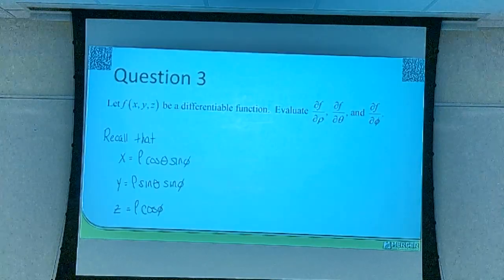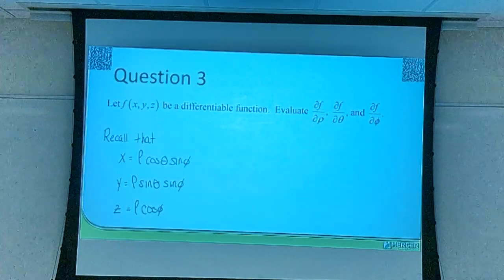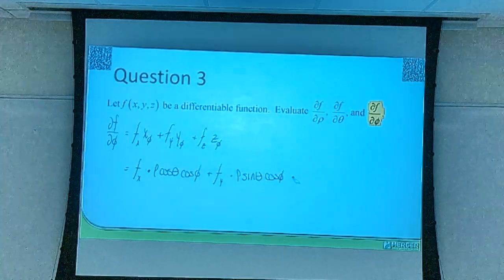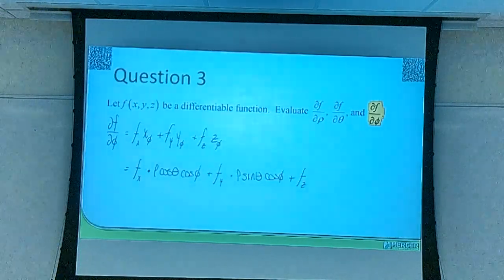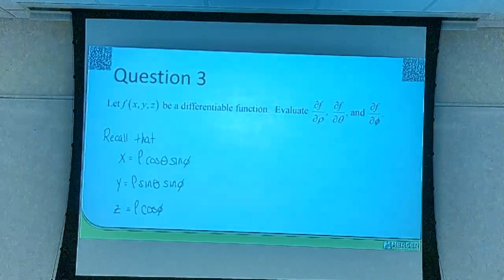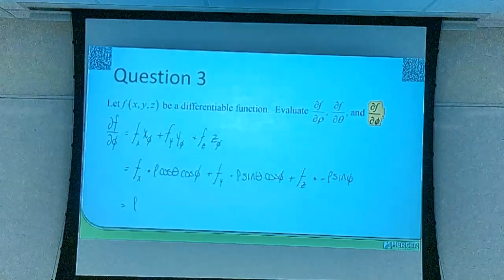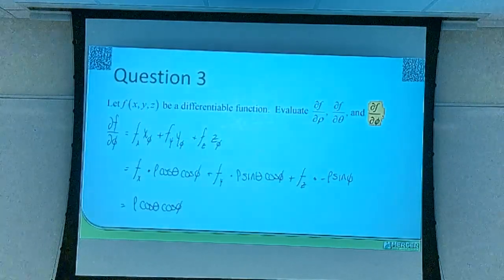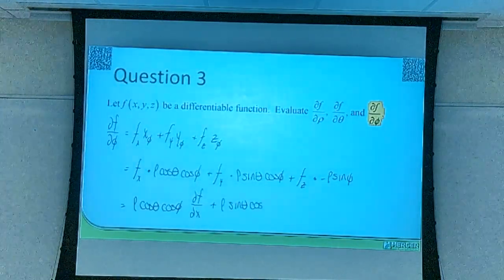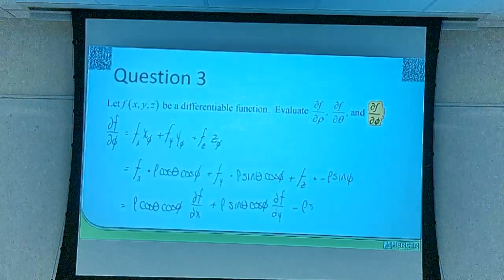Rho sine theta cosine phi. And z? Negative rho sine phi. And there's your partial with respect to phi.